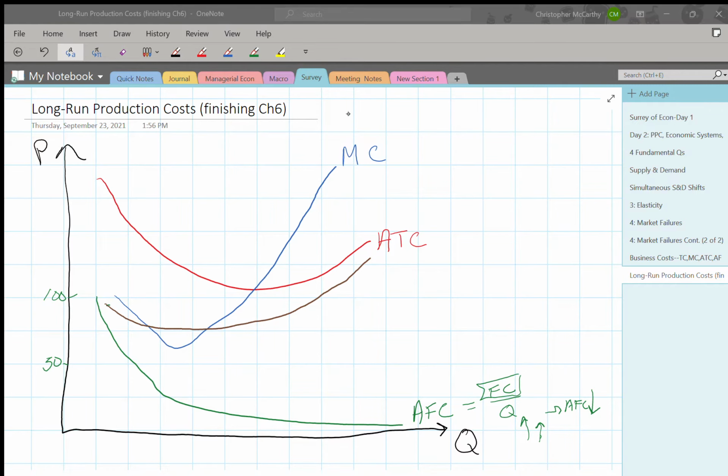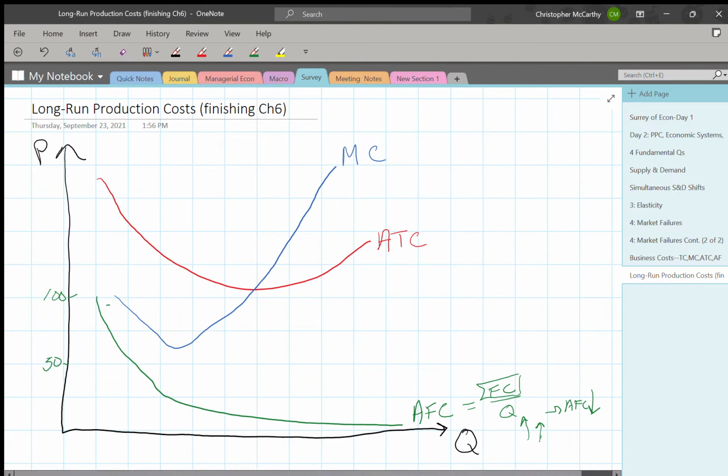Essentially it should be something like this. It should be getting closer and closer to the average total cost curve.